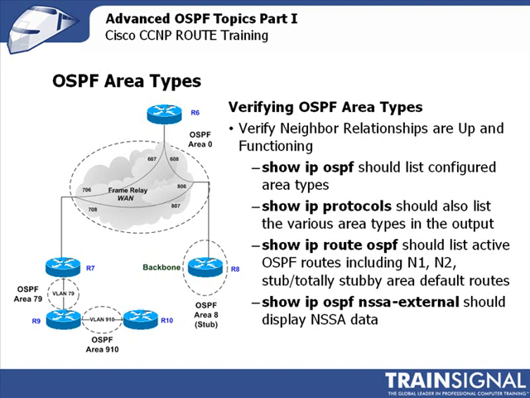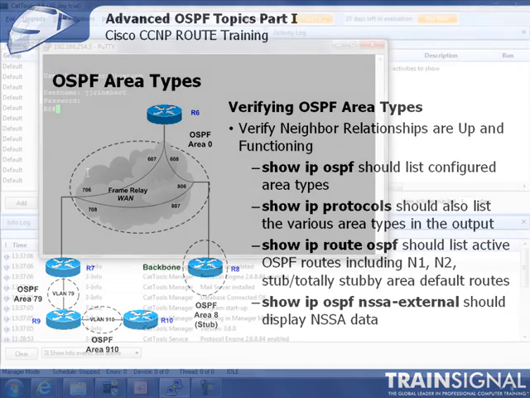Show ip route ospf should list active OSPF routes. If you see N1, N2, or stubby area default routes, it tells you that it's a stub area. And you can also do show ip ospf NSSA external if you want to display NSSA data. So a number of diagnostic commands can help you verify configured area types.